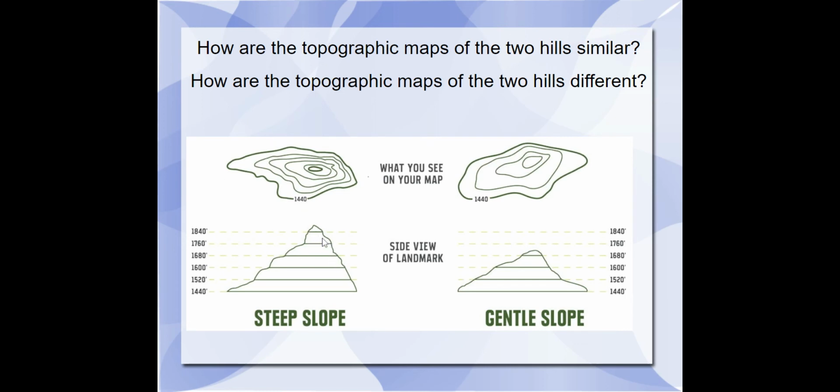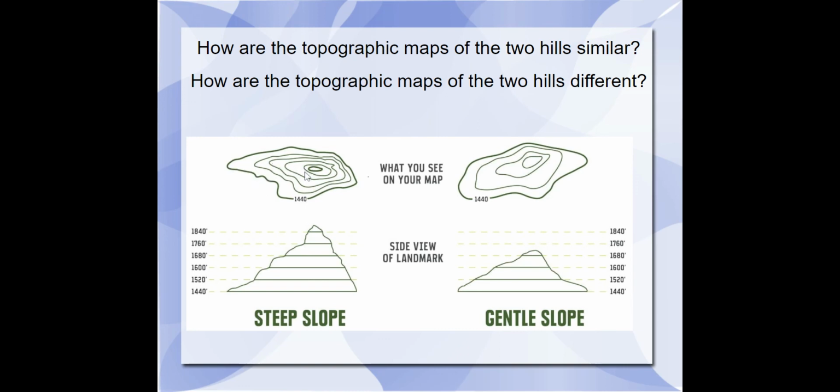The steep slope, we want to focus on just that one for a second. Notice this side of the steep slope. Obviously, this is the steeper side of the steep slope. This is a more gentle side. Take a look at the picture of the topographic map that was created. The steep slope has the lines being much closer together. The gentle slope has those lines being more spaced.